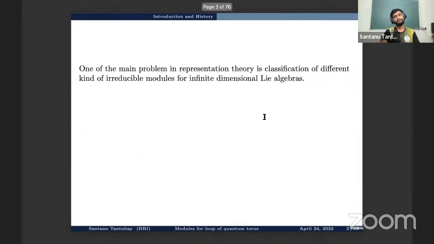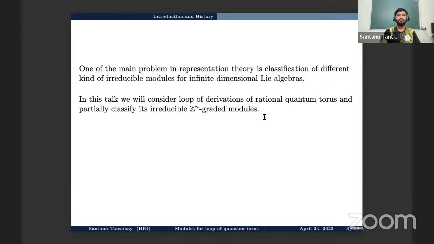Okay. So one of the main problems in representation theory is classification of different kinds of irreducible modules for infinite dimensional Lie algebras. In this talk, we will consider loop of derivations of rational quantum torus and partially classify its irreducible Z-graded weight modules.